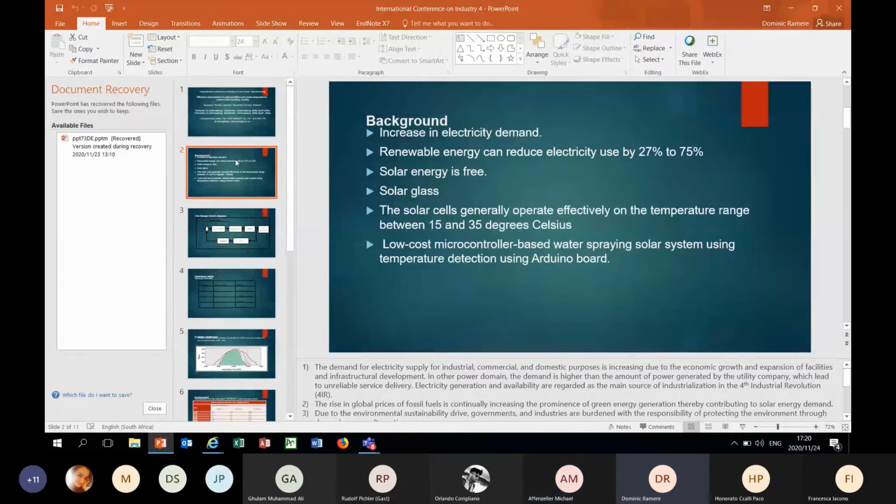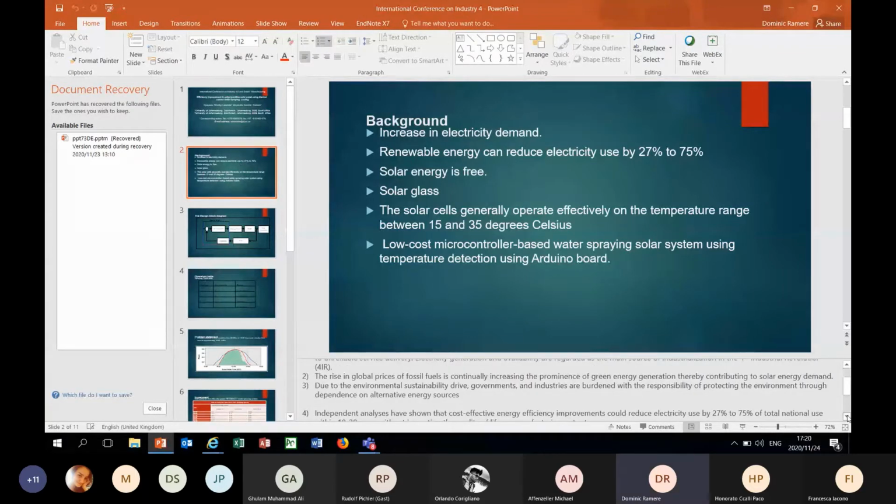The rise in global price of fossil fuel is continuously increasing the prevalence of green energy generation, thereby contributing to solar energy demand. Due to the environmental sustainability drive, government and industries are burdened with the responsibility of protecting the environment through dependence on alternative energy sources.